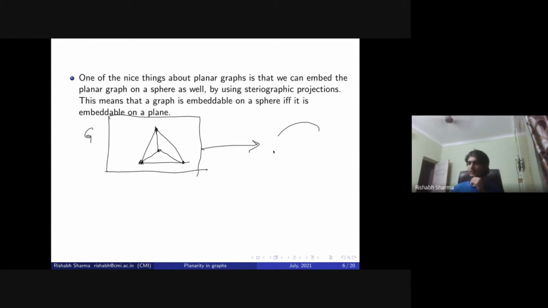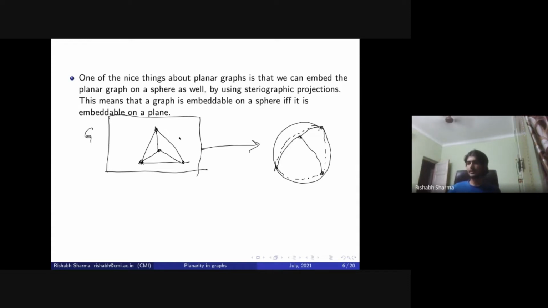And this will give me a drawing of this same graph on the sphere. It looks something like this. And you can also see why this is a proper drawing, in the sense that the edges don't intersect.